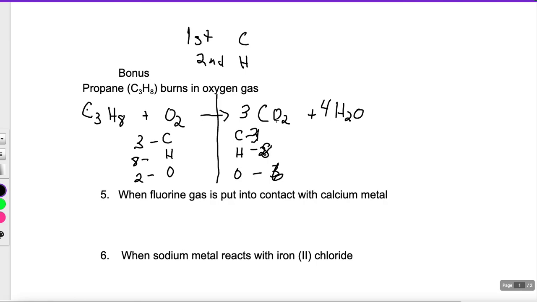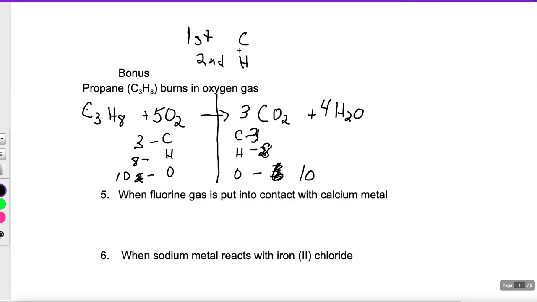Okay? And so I actually think I had 7 over here last time, so this 6 isn't right. 6 plus 4, that gives me 10 oxygens. I need 10 on this side because the carbons and hydrogens are okay. Let's fix the oxygens. So that would be a 5 there because 5 times 2 is 10.